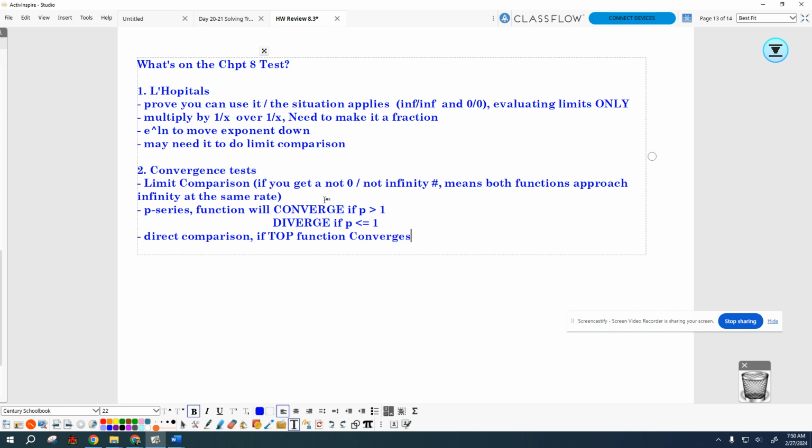So if the top function converges, what do we know about the bottom function? What's the one about the bottom function?